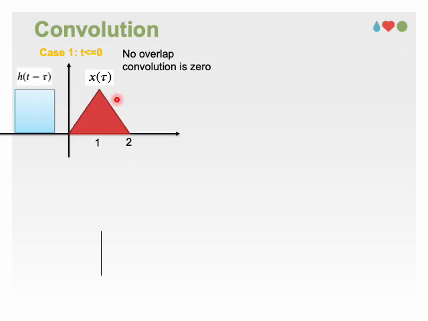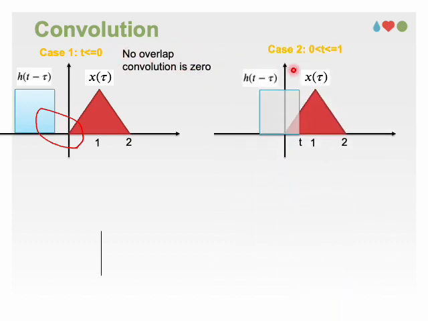In the first case, for all t less than or equal to 0, there is no overlap between the input time series x(tau) and the kernel function h(t minus tau). As a result, the convolution in this case is 0. In the second case, for values of t between 0 and 1, there is an overlap between x(tau) and the kernel function within the interval 0 and t.